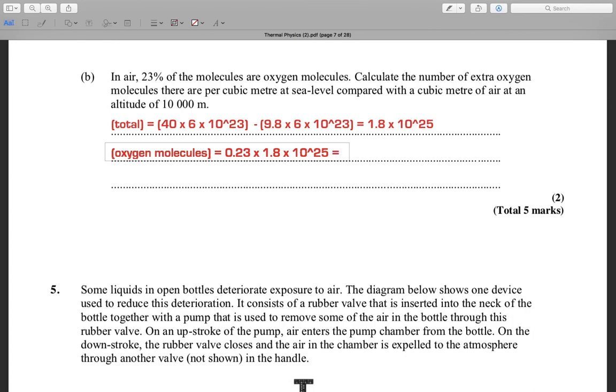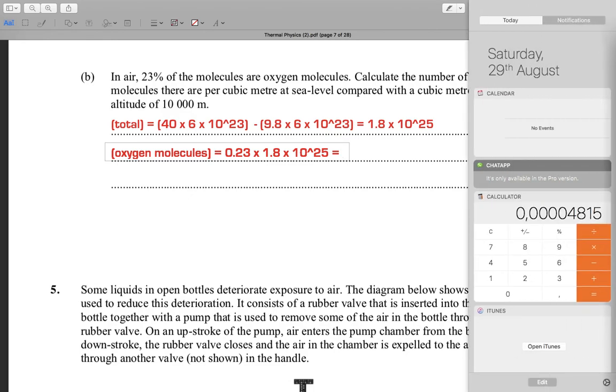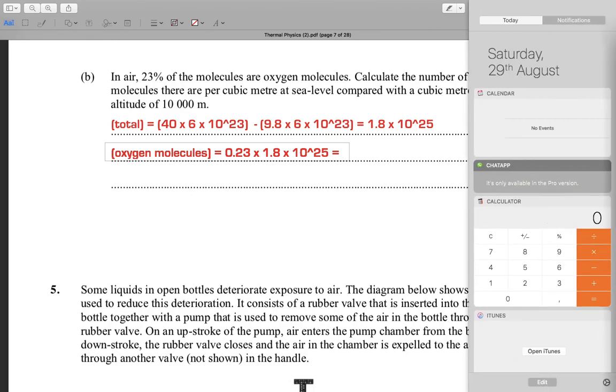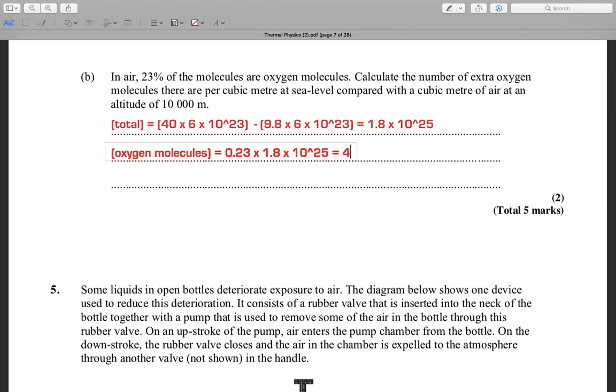So 0.23 times 1.8 gives 0.414, or around 4.14 times 10 power 24.